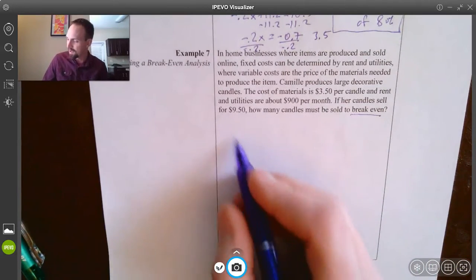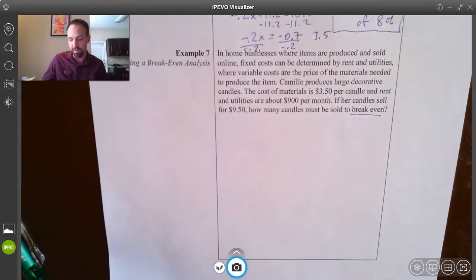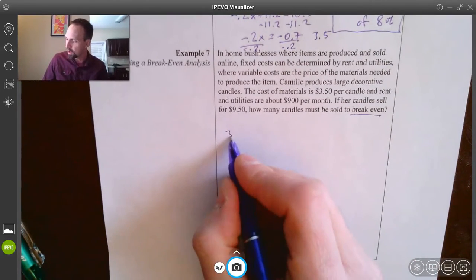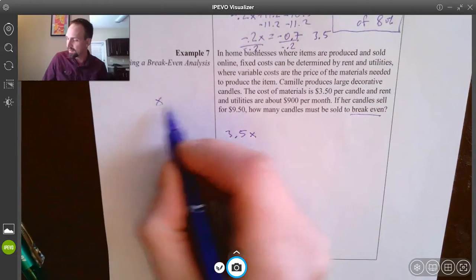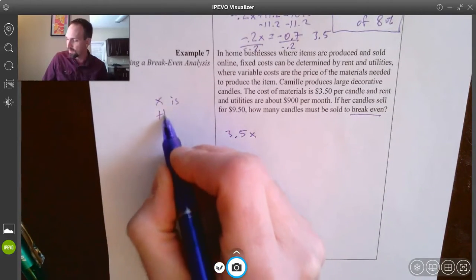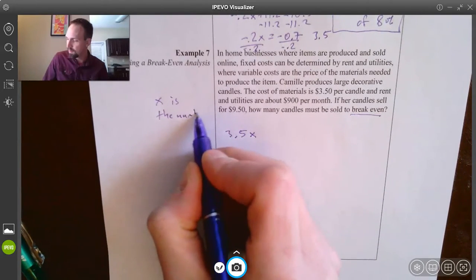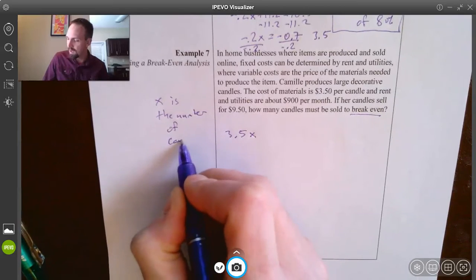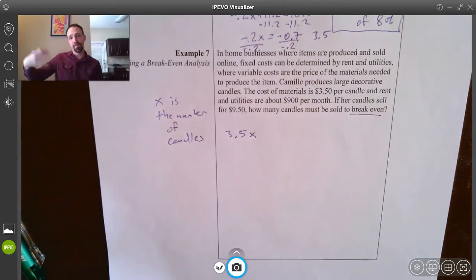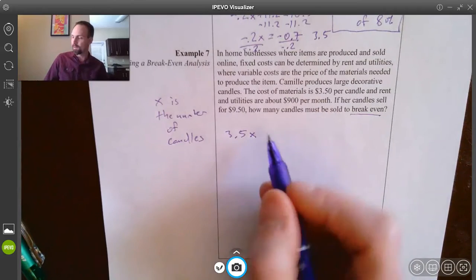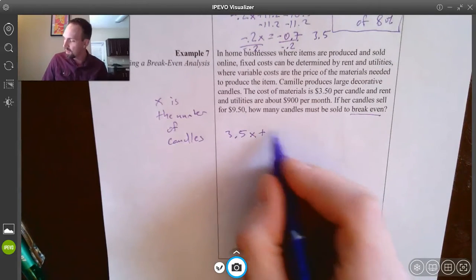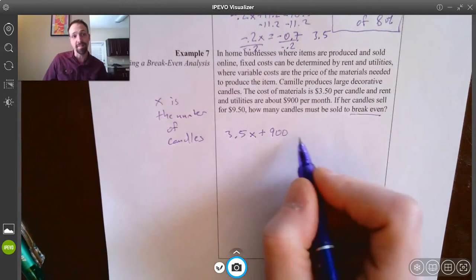So if I think about my break even, we're going to do the costs on one side. It costs me $3.50 per candle that I buy. So x is the number of candles. Notice that I'm identifying my variables first before I'm going through and solving. I'm developing that idea first. So 3.5x. And then my other costs are going to be rent, that's $900.